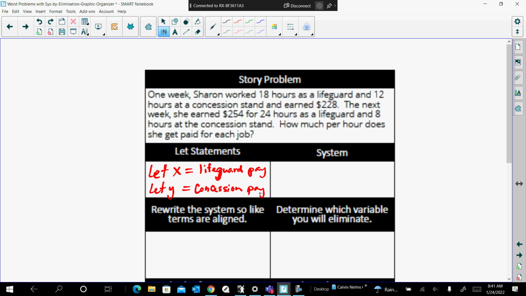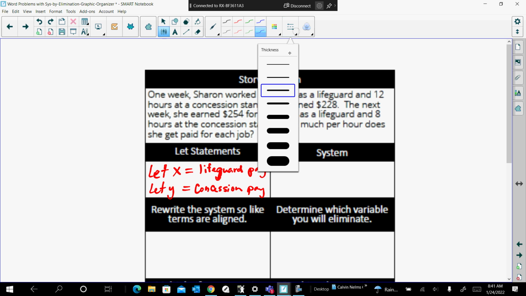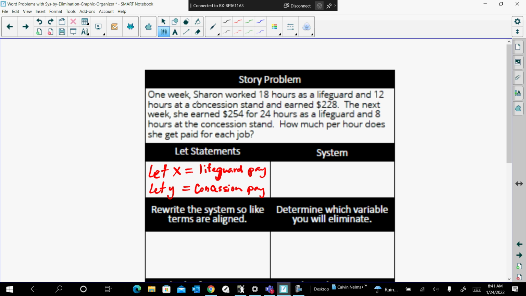Okay. All right. So now we're gonna write a system to correspond with our sentence right here. Sharon worked 18 hours as a lifeguard and 12 hours at a concession stand and earned $228. How would I write that as an equation now that I defined our x and y?